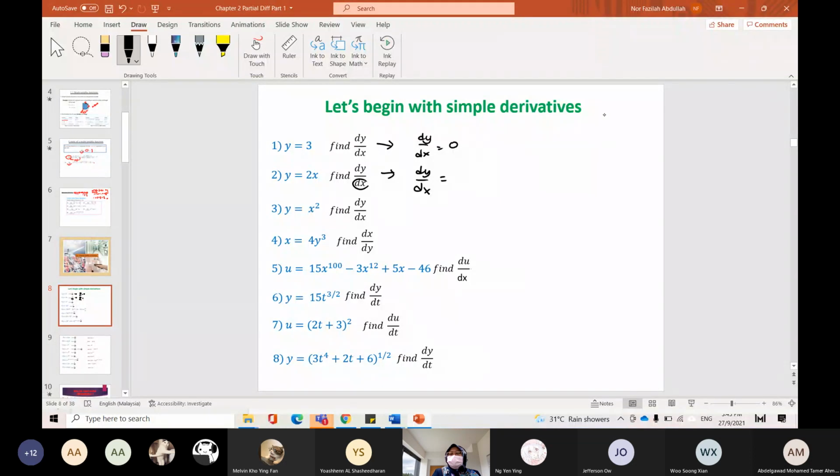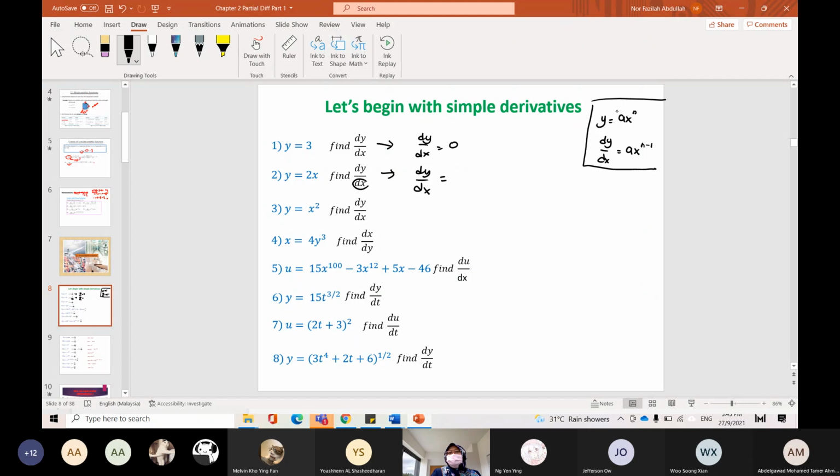The formula is, y equals ax to the power n, so dy over dx is equivalent to a n x to the power n minus 1. So this is the formula to do the simple derivation.